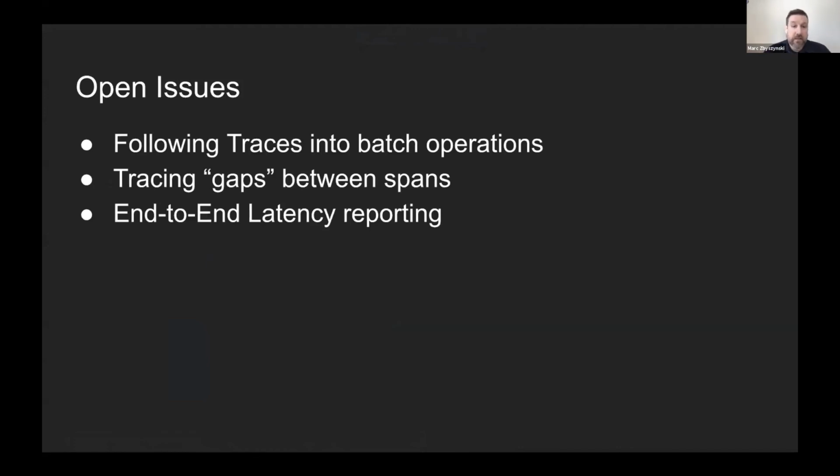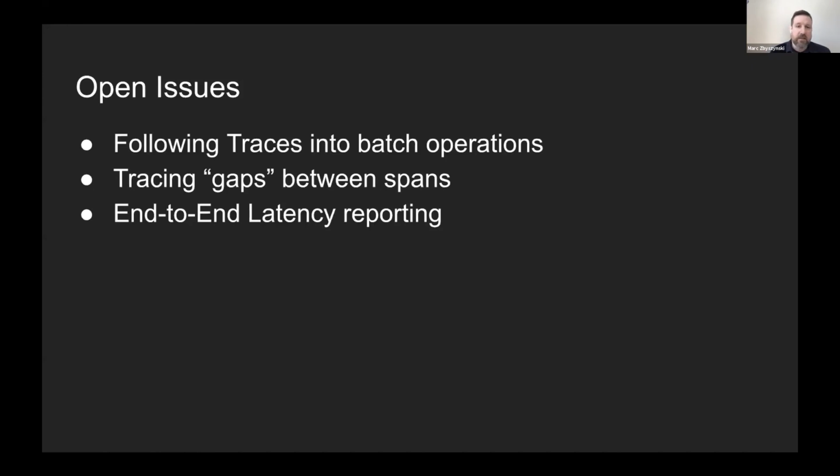Another challenge that we still haven't figured out is we would like to be able to trace the gaps between spans when, for example, in our system, a message is just sitting in Kafka. We don't currently have a way to highlight the latency there, at least in our tracing implementation. So that's something that still would be cool.